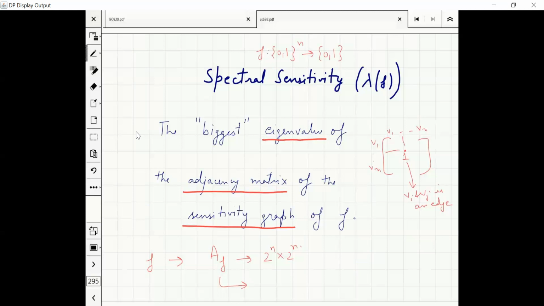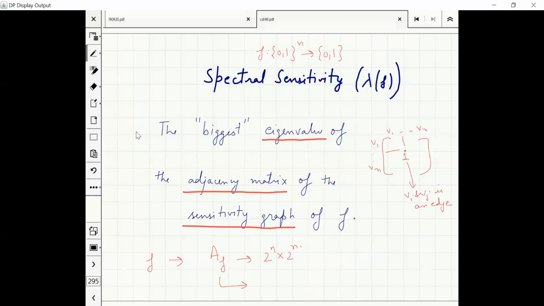So are you saying that for any matrix of dimension 2 to the power n cross 2 to the power n, the number of eigenvalues is 2 to the power n? If we are also including the multiplicity, yes. But every 2 to the power n cross 2 to the power n matrix has all the 2 to the power n eigenvalues, counting multiplicity.